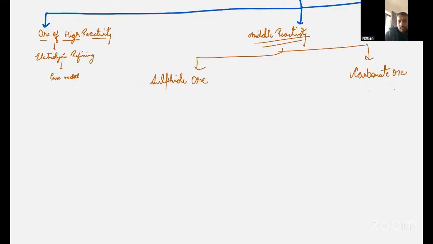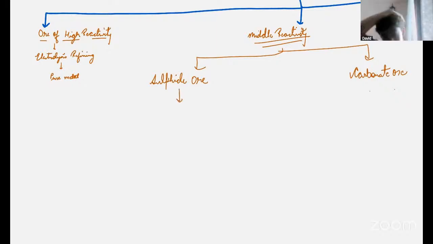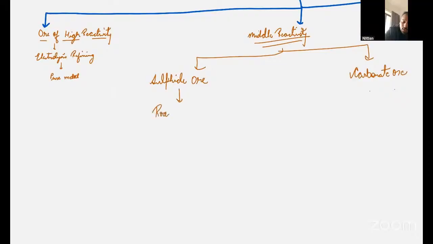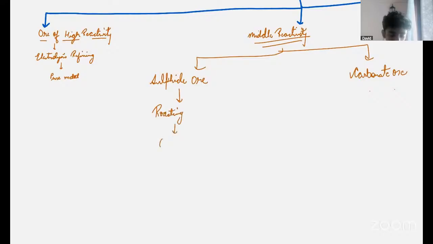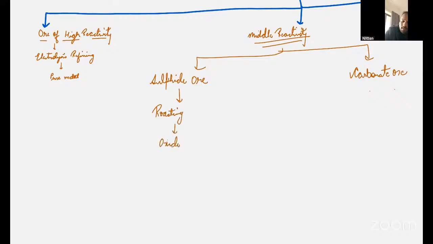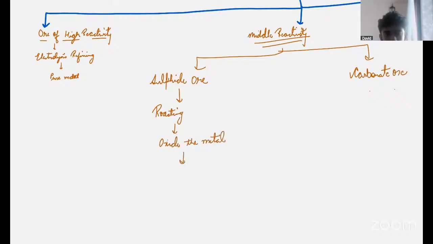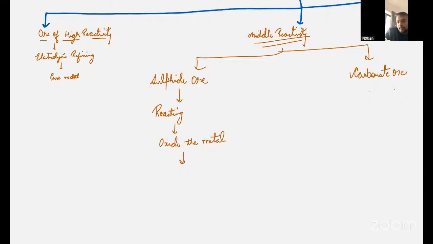Just now we read the sulfide ore one. So David will tell me step by step. If you get sulfide ore, what do you have to do? First step is roasting. After roasting, you will get the oxide of the metal. And if you get the oxide of the metal, then you have to reduce it so that the oxygen can be removed.